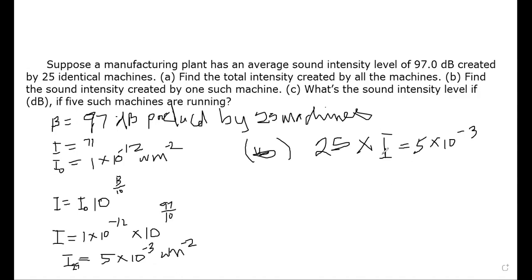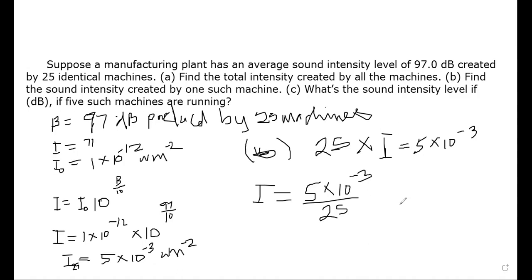Now, what do we do? Since we are looking for I, we are going to divide both sides by 25. So when we do that, we will have I equals to 5 times 10 to power minus 3 all over 25. So with this, we would be able to know the value of one machine, what one machine can produce.